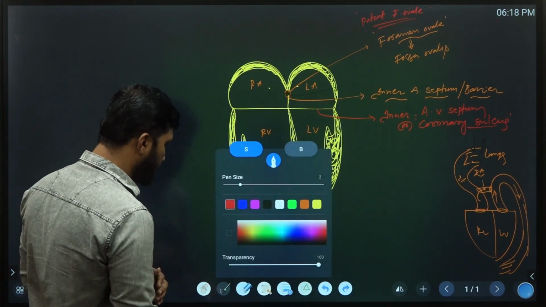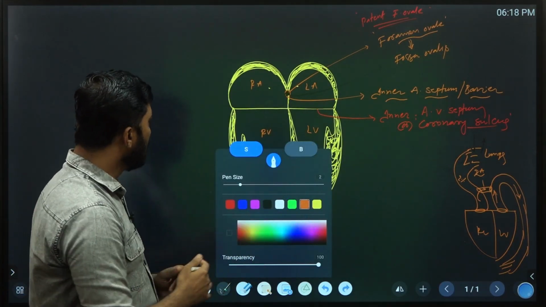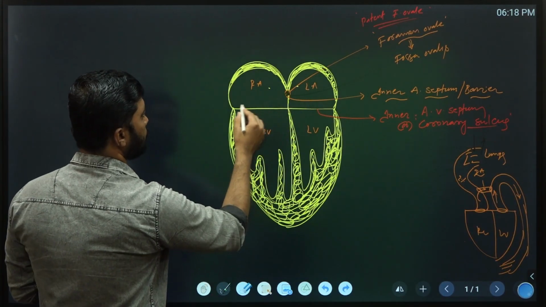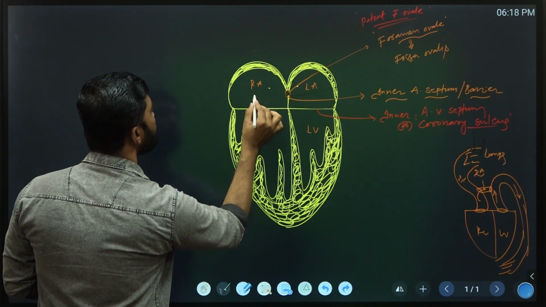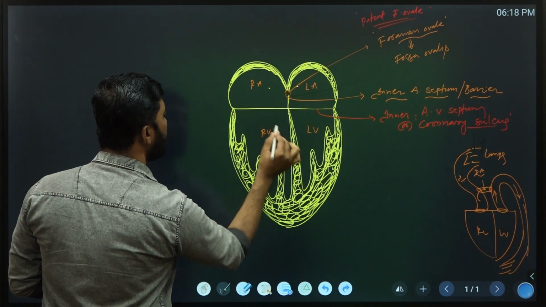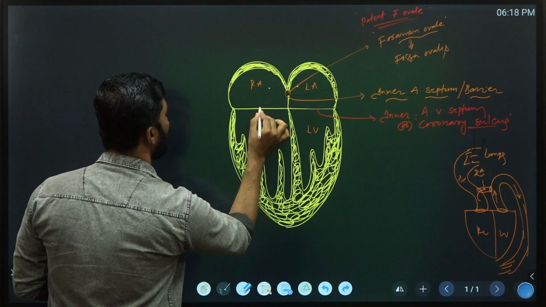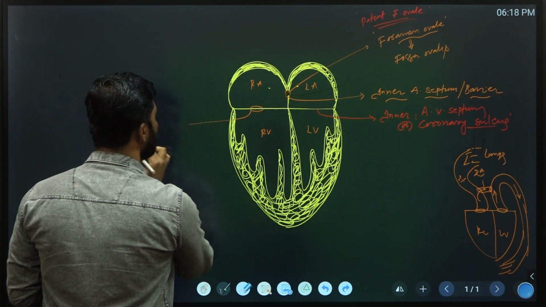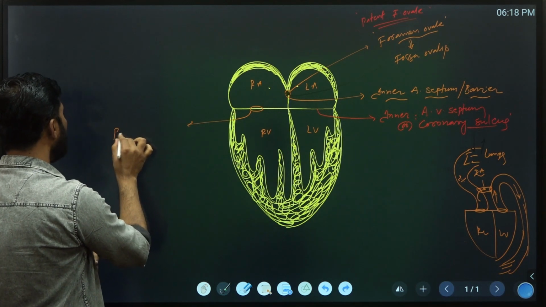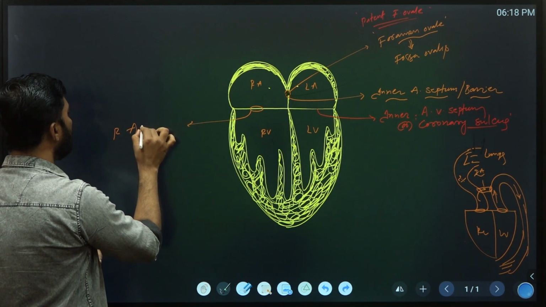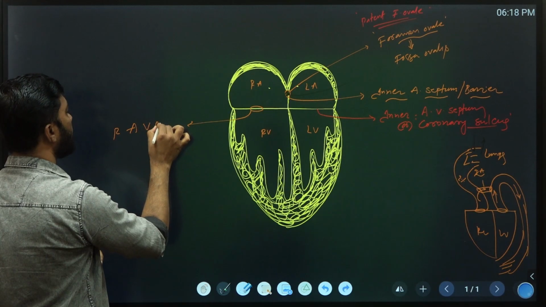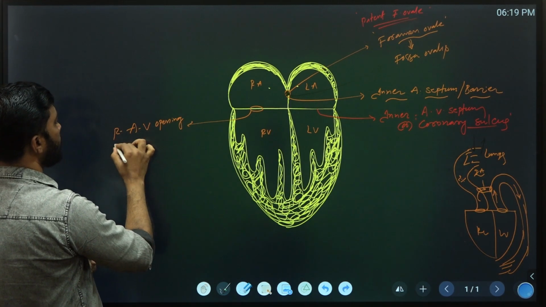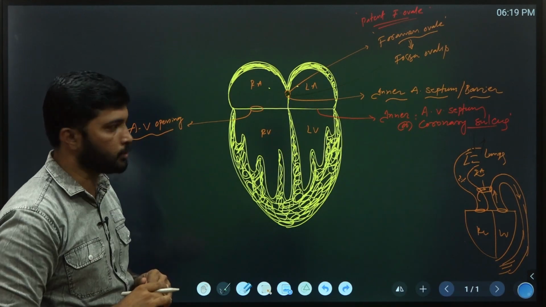Next, the right atrium opens into the right ventricle by a small opening called the right auriculoventricular opening or aperture.